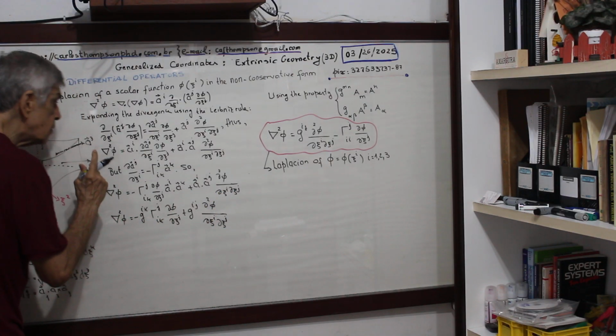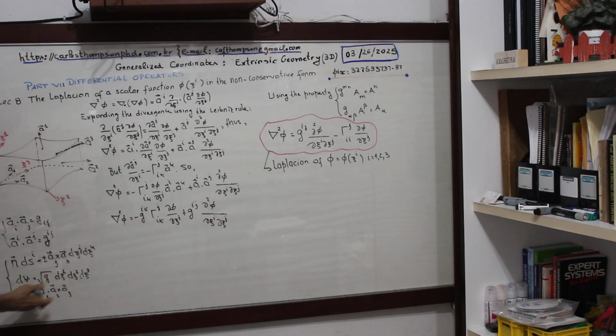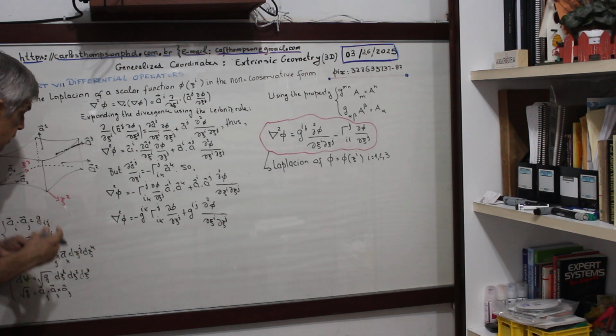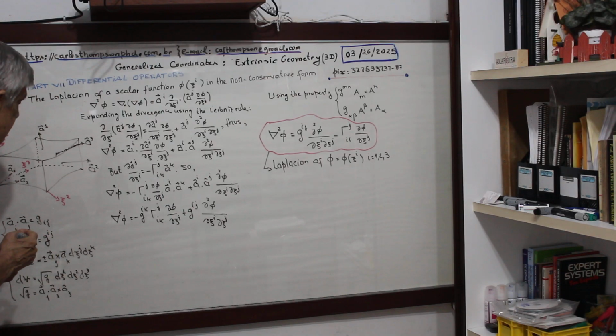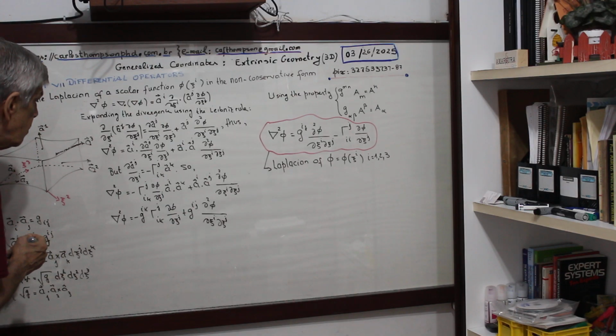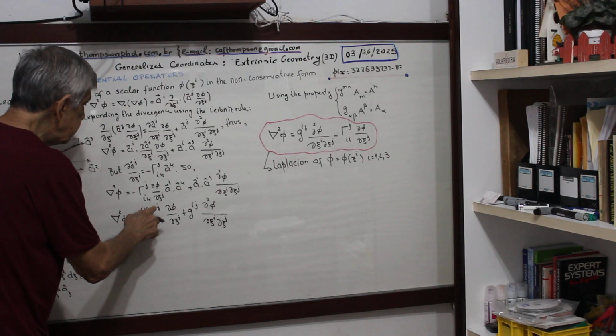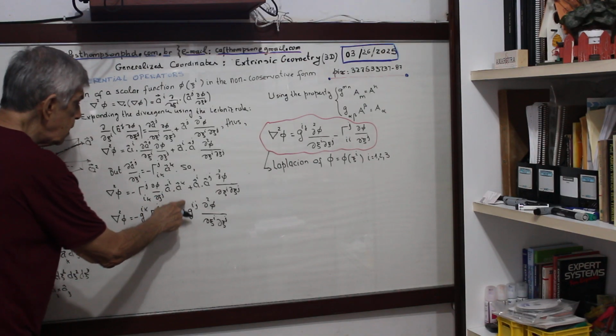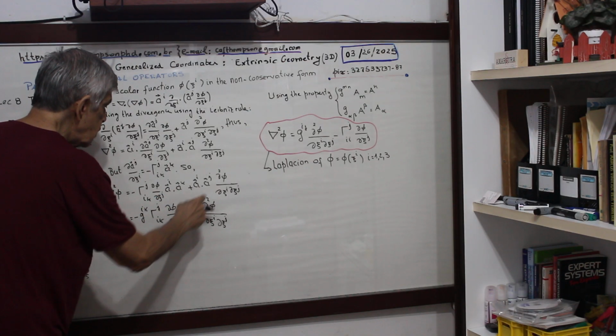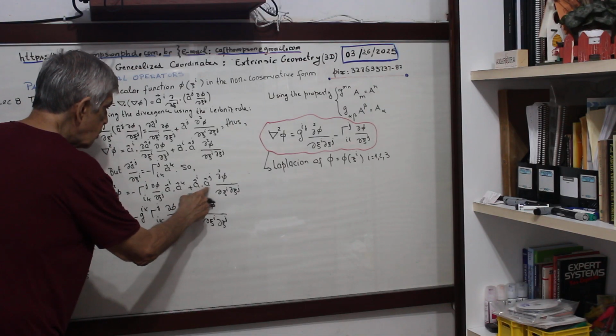Don't forget, it's important here, Gij is ai dot aj, the contravariant metric components. So, this is Gik because ai dot ak, this is Gij because ai dot aj.